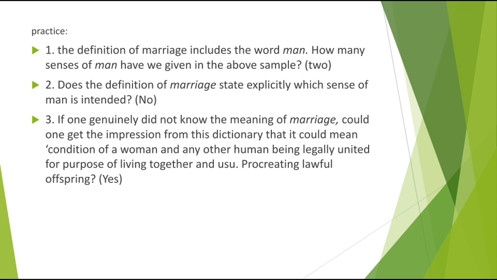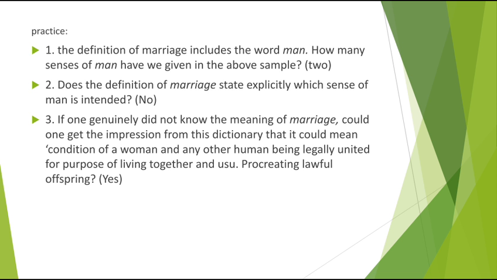Number two, does the definition of marriage state explicitly which sense of man is intended? The answer is no. And then number three, if one genuinely did not know the meaning of marriage, could one get the impression from this dictionary that it could mean condition of a woman and any other human being legally united for purpose of living together and usually procreating lawful offspring? The answer is yes.